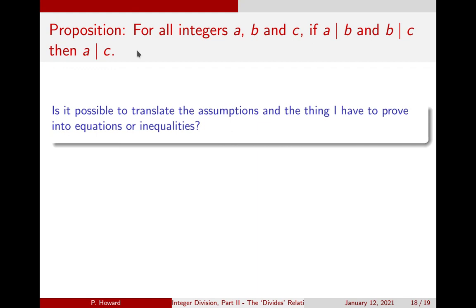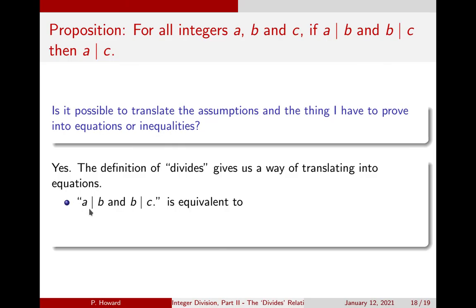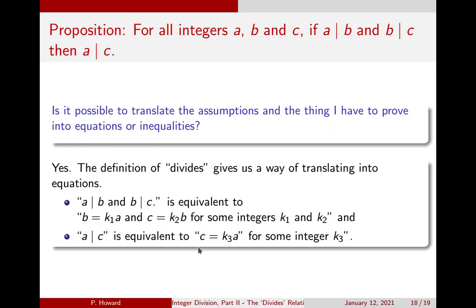Yes, as before, we can use the definition of divides. a divides b and b divides c is equivalent to b is k1 times a and c is k2 times b, for some integers k1 and k2. And the thing we have to prove, a divides c, is equivalent to c is equal to k3 times a, for some integer k3.